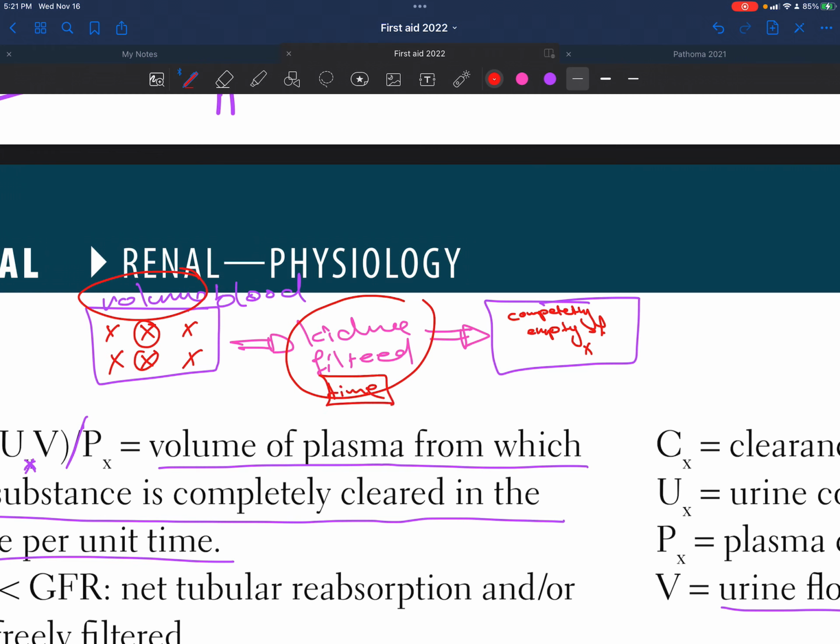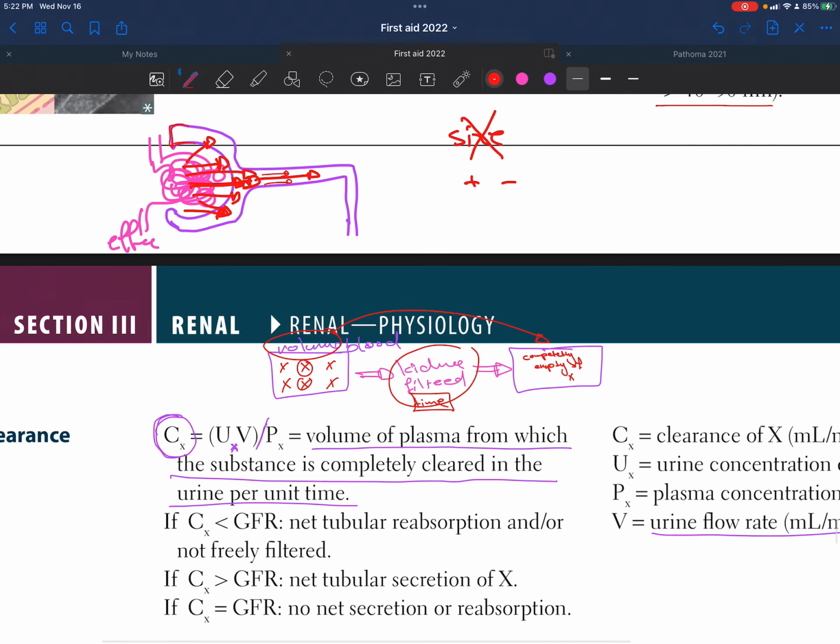So if the kidneys were able to clear that amount of blood completely from X, like they produce the same amount of blood without X at all, that specific volume is considered the clearance of that material called X. So basically, the clearance is just a volume of the plasma, of the blood, from which substance X was completely taken out in the kidneys during a unit time.